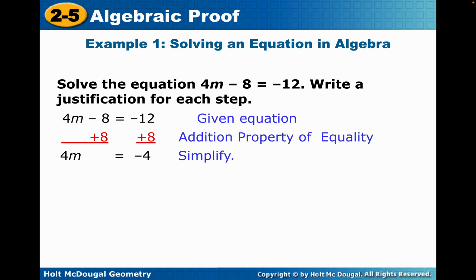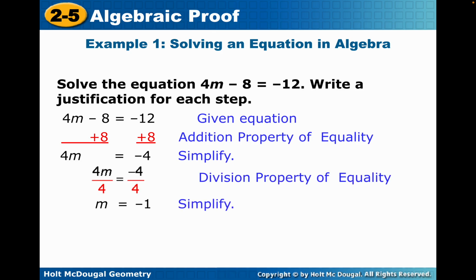Close. M equals negative 1. So what did we just do? Divide. So what property is it? Division property. And there you go. That's all we're doing for the algebraic proofs. We're just solving. You should already know how to solve them, and we're just explaining what property we use to solve.